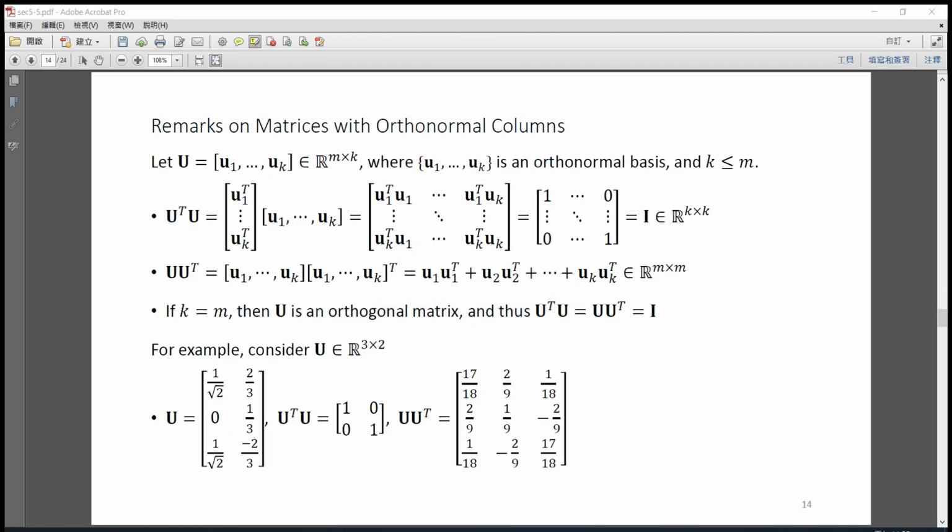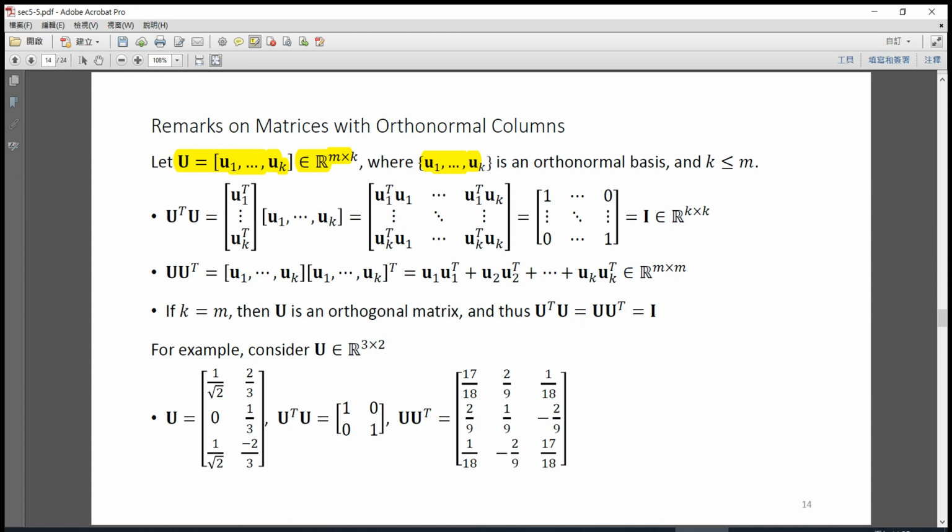In this slide, we present some remarks on matrices with orthonormal columns. Let U be a matrix of dimension m times k, where u1, u2 up to uk are columns of matrix U, and suppose u1, u2 up to uk is an orthonormal basis.